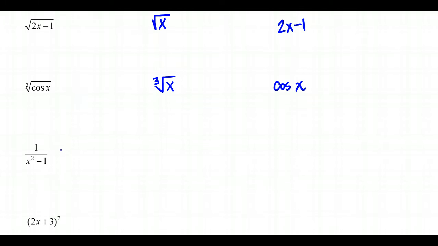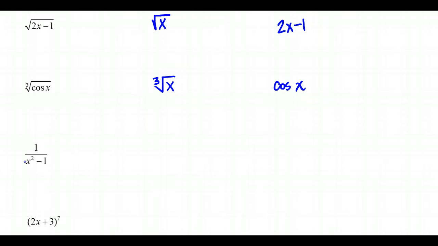Alright, so here I have 1 over x squared minus 1. And you might be thinking, I don't see any inside and outside. I see a numerator and I see a denominator. And I agree with you. There is a numerator and there is a denominator, and you could absolutely use the quotient rule. However, the 1 in the numerator tells me that I might think of doing some simplifying first.